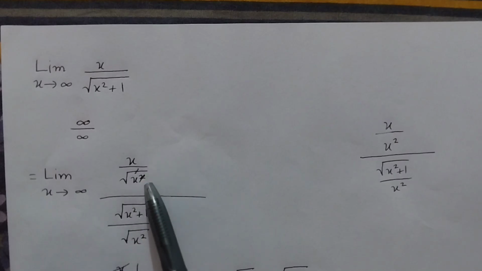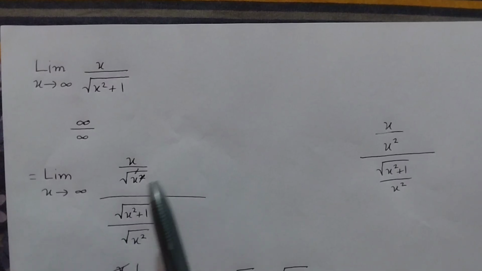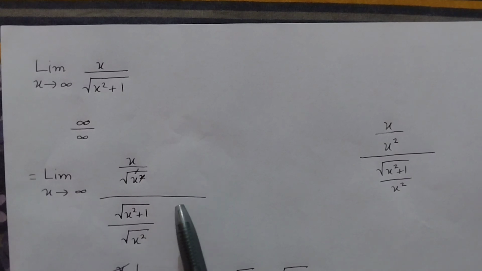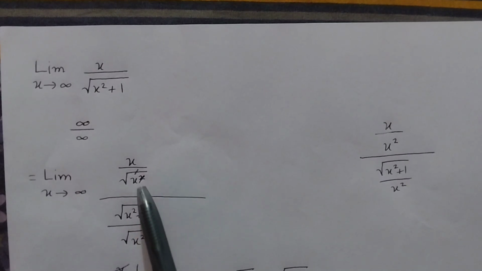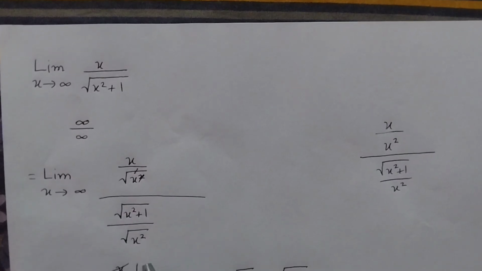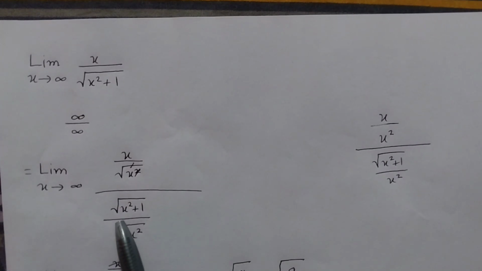So in the numerator, square and square root cancel out because the square root is the power 1 by 2. And so we are left with basically x over x in the numerator, and in the denominator we have two square roots being divided.